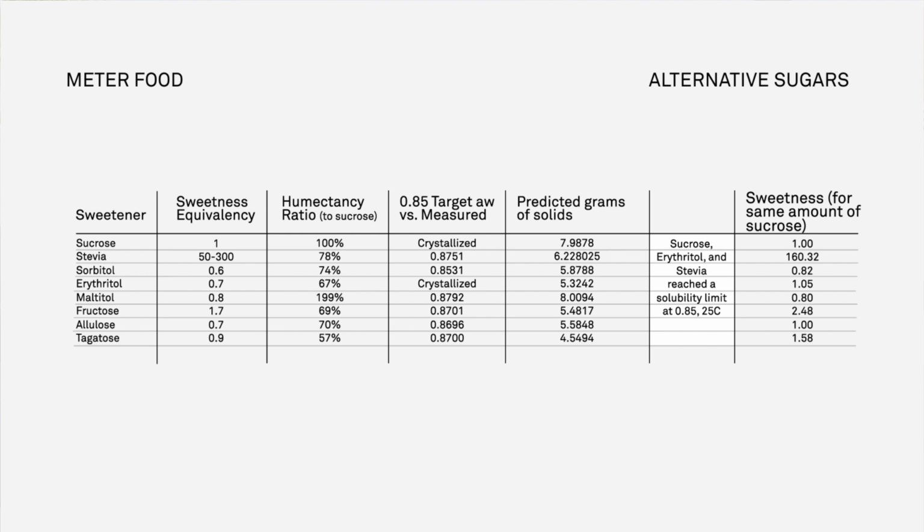So one of the things I wanted to add on the table too is, okay, what if we added the same amount of sugar in our formulations? What are we going to get sweetness-wise? And so I have this little bit on the end of my table, sweetness for same grams of sucrose. So if we added the same amount of these sweeteners, how sweet are they going to be? And so I just took an average for stevia, like 160 times as sweet.